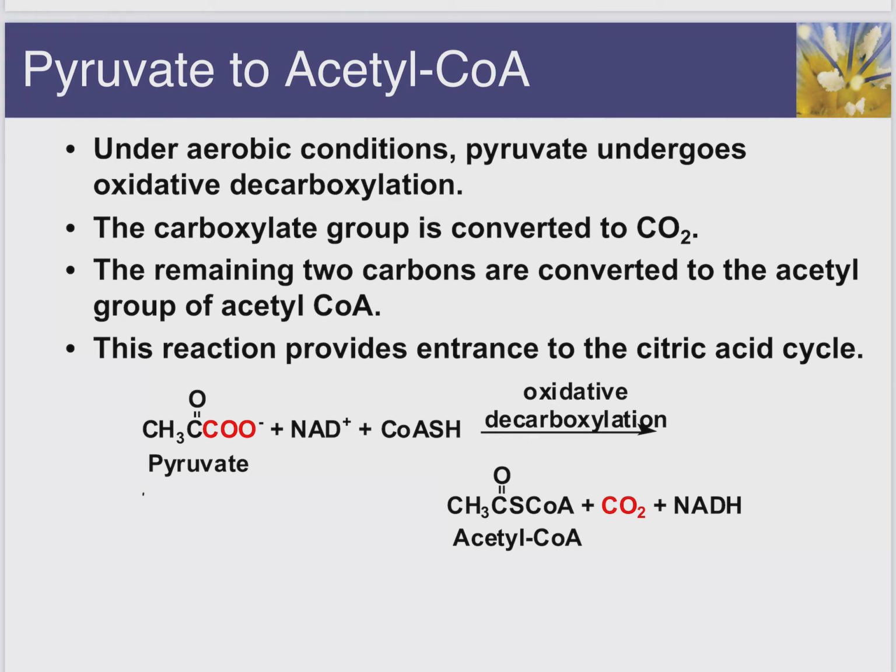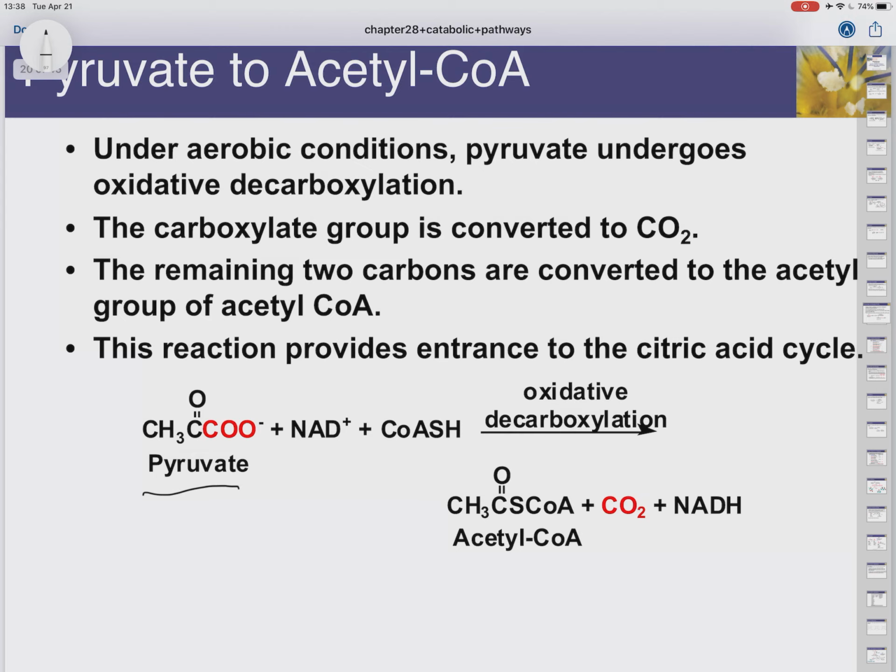Pyruvate to acetyl-CoA now is that other reaction that has to happen to bridge this chapter with our last chapter. Pyruvate will also undergo a decarboxylation to make a CO2 that we breathe out. This is why last chapter we were looking at acetyl-CoA and it only had 2 carbons in it. And those were the 2 carbons that we were saying came from the sugar, or from the glucose.